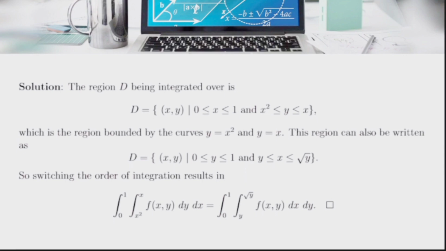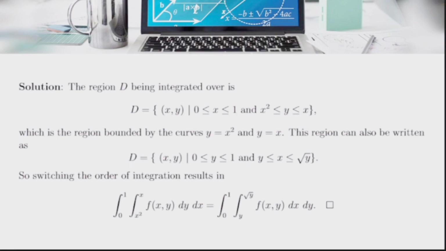So switching the order of integration results in the integral from 0 to 1, the integral from x squared to x of the function f(x, y) dy dx, equals the integral from 0 to 1, the integral from y to square root of y of the function f(x, y) dx dy.